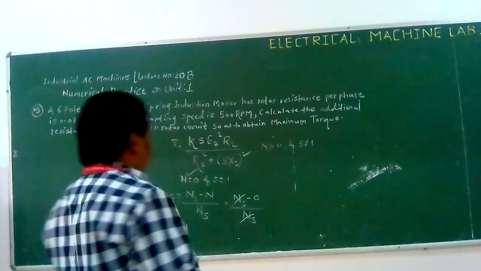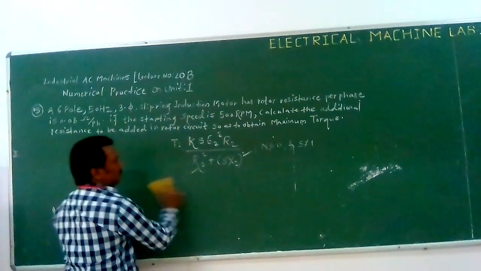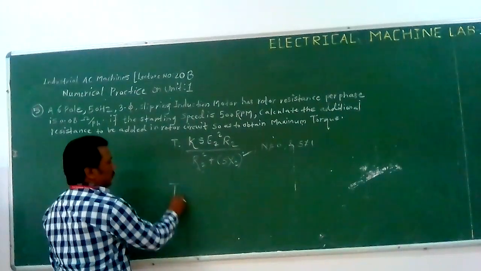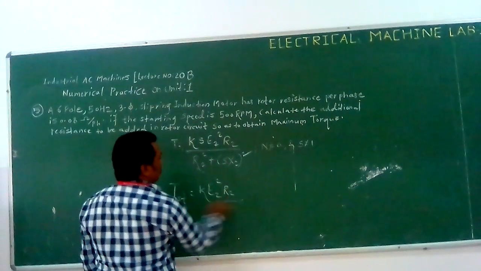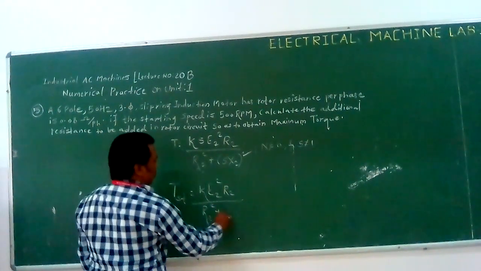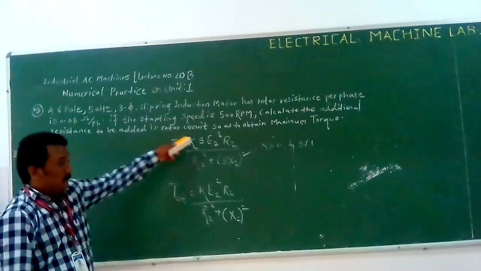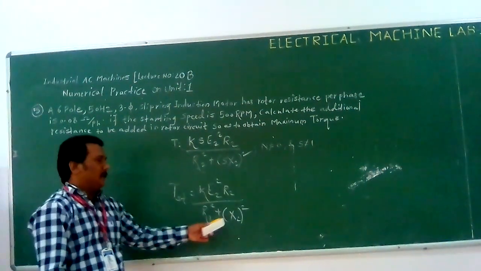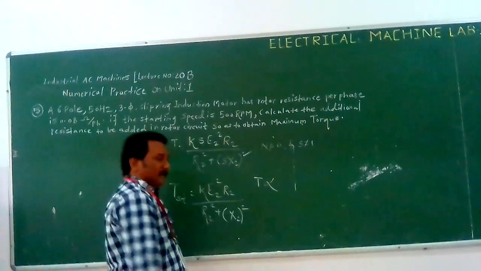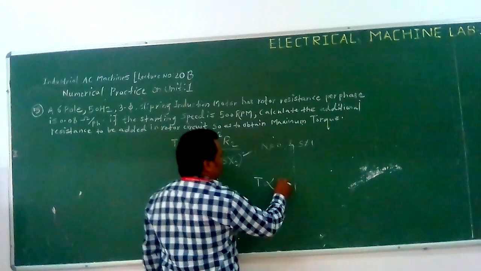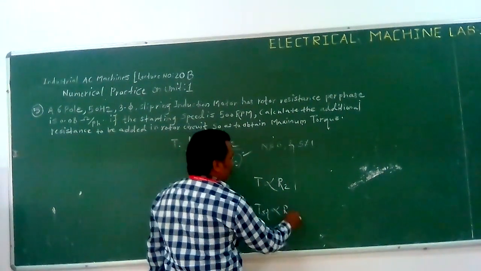Then by putting slip value 1 in the above equation, we get the starting torque expression equal to K into 1 into E2 square R2 divided by R2 square plus X2 square. Now, observing both the expressions carefully, we conclude that torque is directly proportional to R2, and here starting torque is directly proportional to R2.